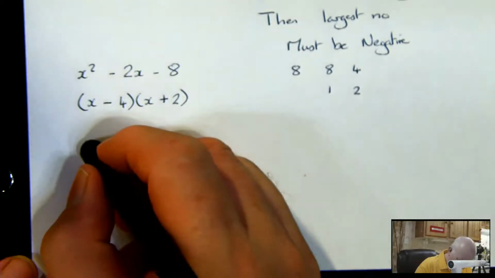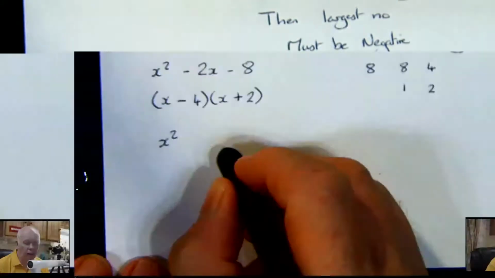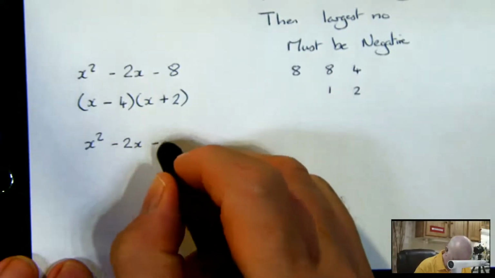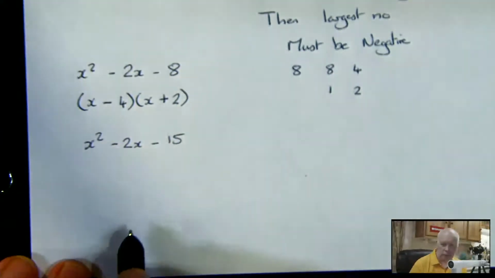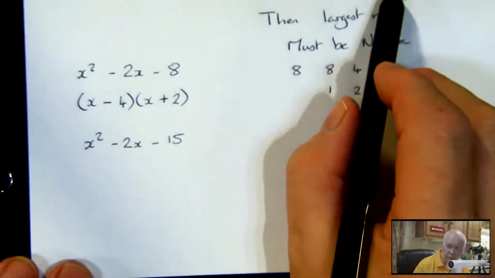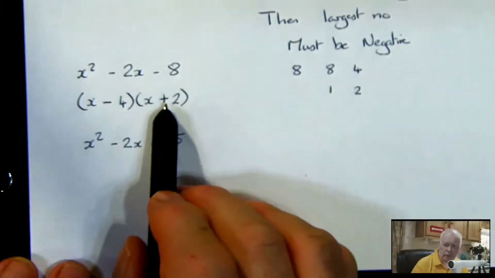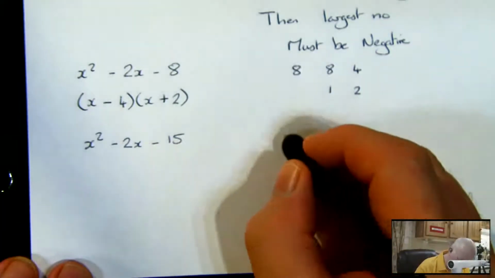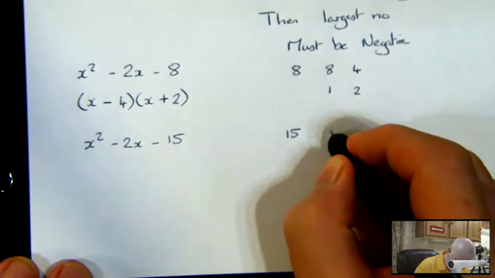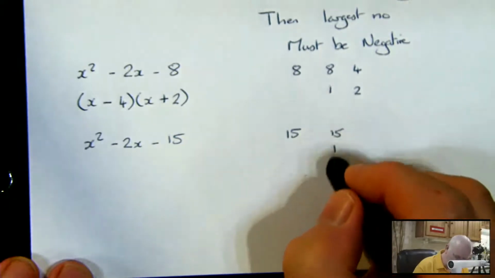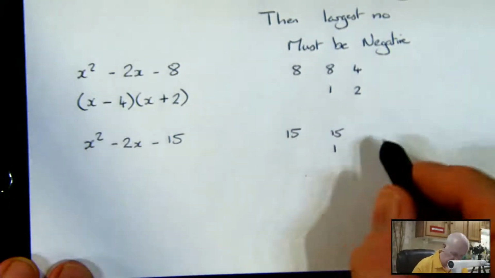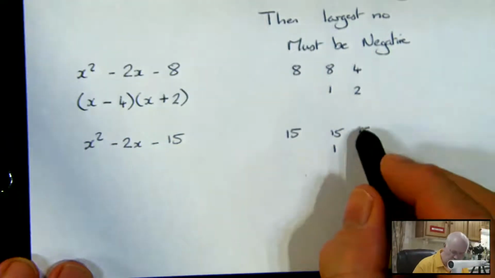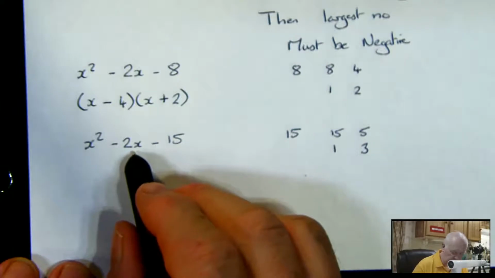Let's have x squared minus 2x minus 15. Same type of problem. The middle term is negative, so therefore the largest number must be negative. So let's look at 15. My factors of 15, 15 and 1, that'll give me 14. That's useless. And we've got 5 and 3. 5 and 3, yeah, I can get 2.